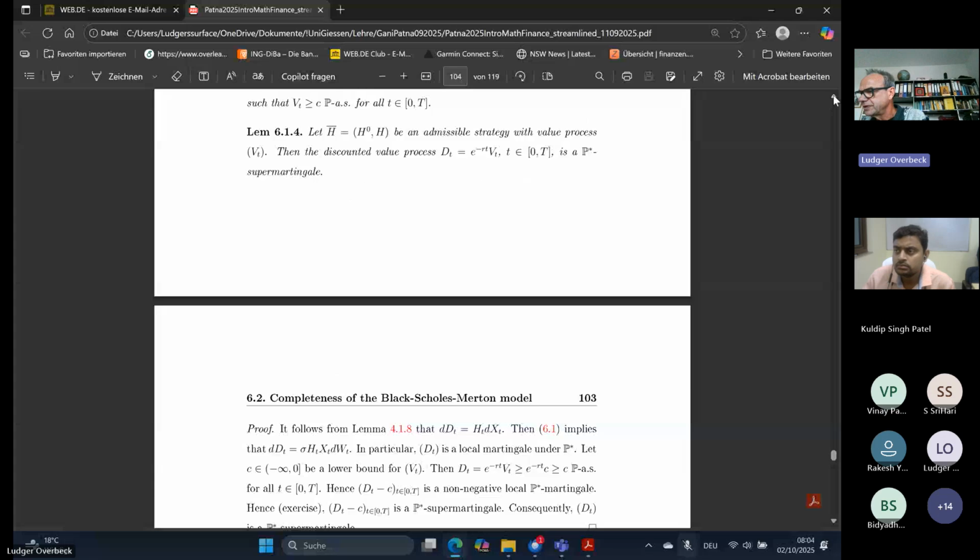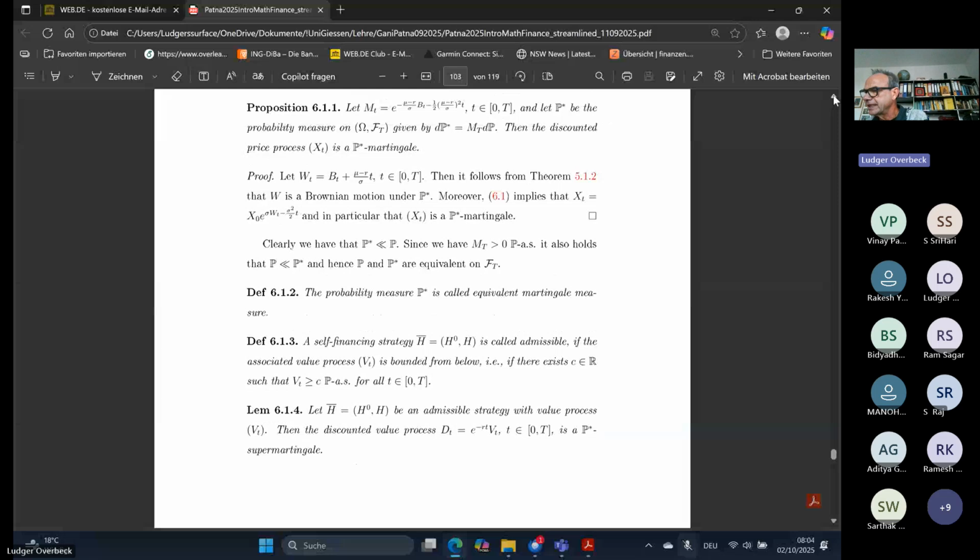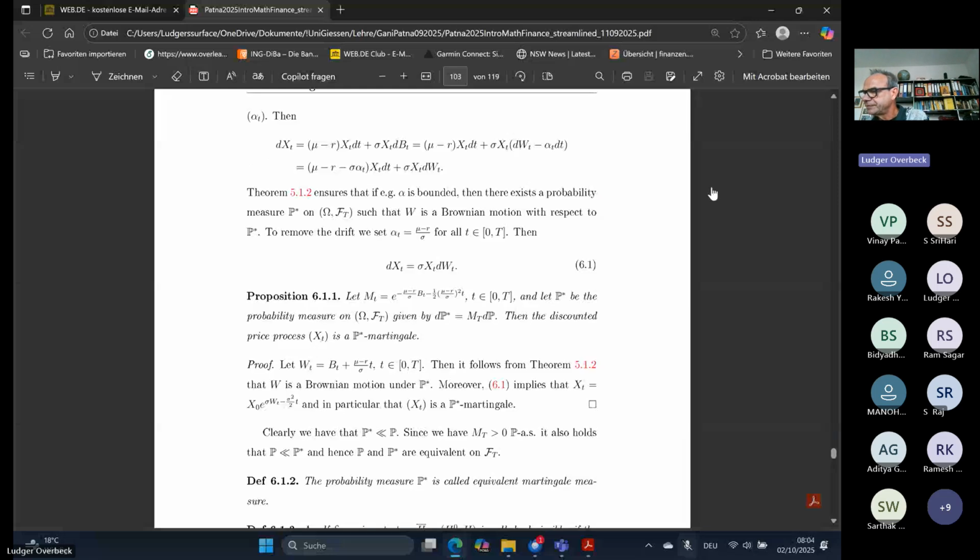So this means our model currently, we have similar definitions like strategies, portfolios, martingale measures. And we have also seen that there is a unique martingale measure by Girsanov transformation.